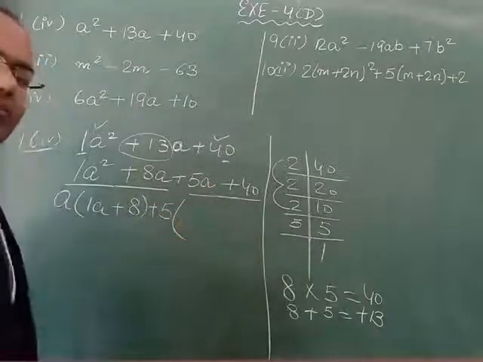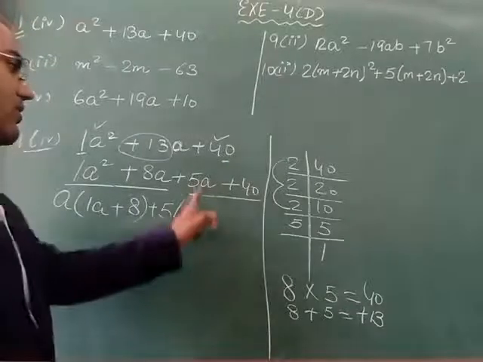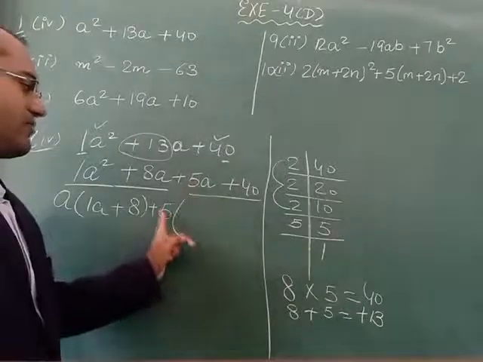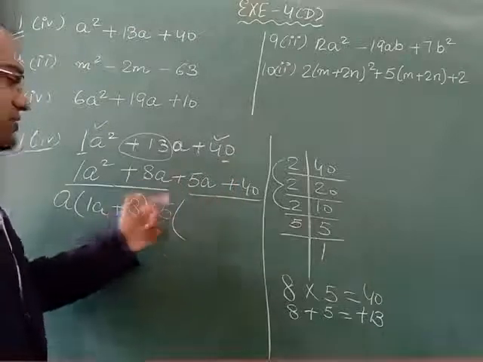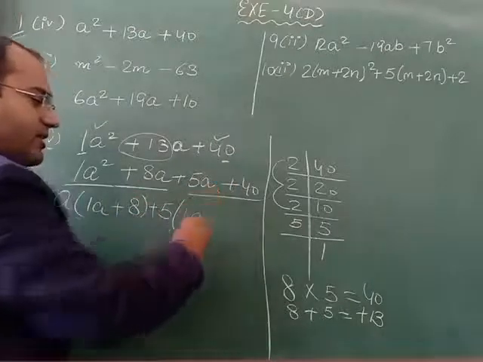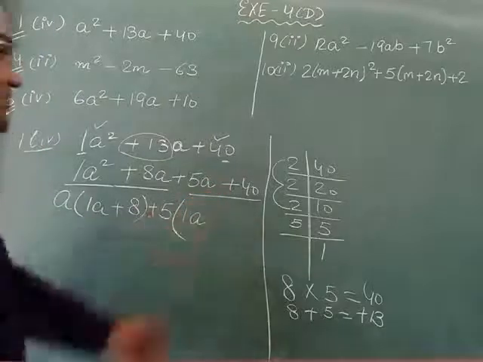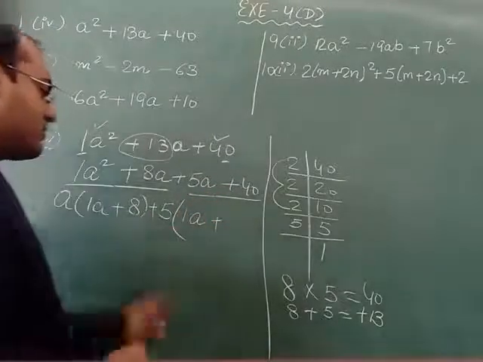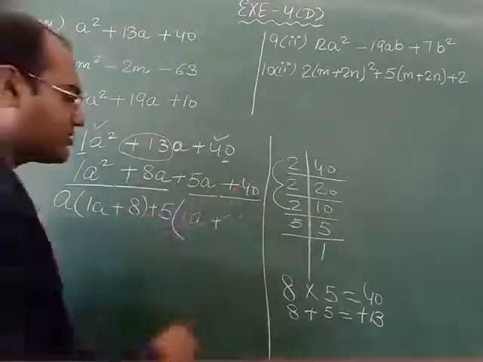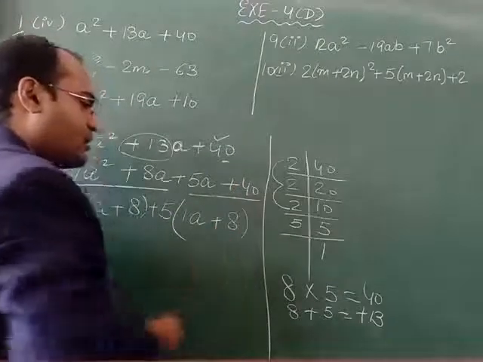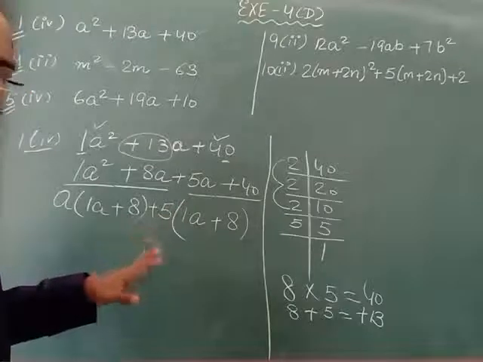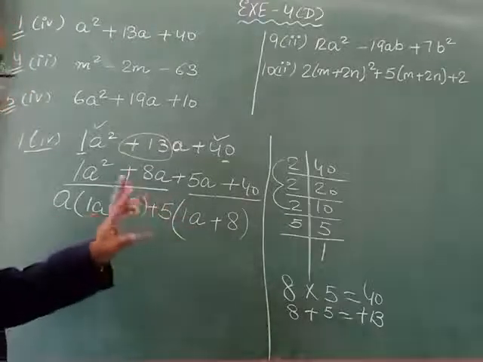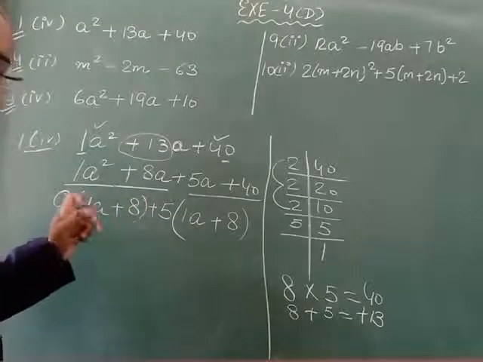Now in the bracket we will write the remaining part. After taking plus 5 common from these two, 5 times 1a is 5a, so 1a is the remaining term, plus 5 times 8 is 40, so the remaining term is a. Now both the brackets are the same, that means our work is correct. Now again we will take common.